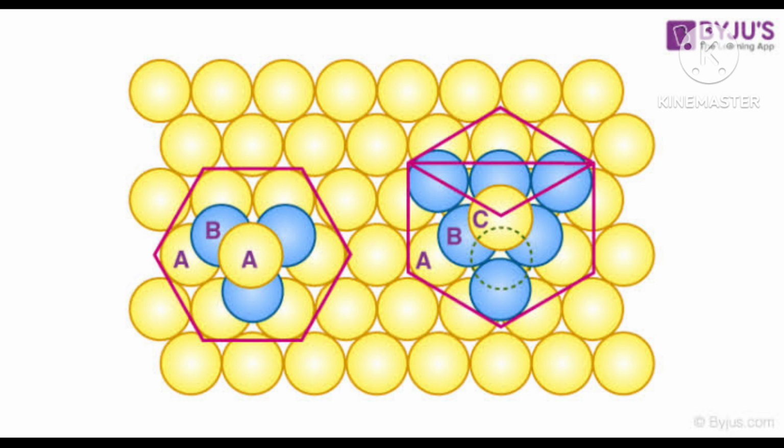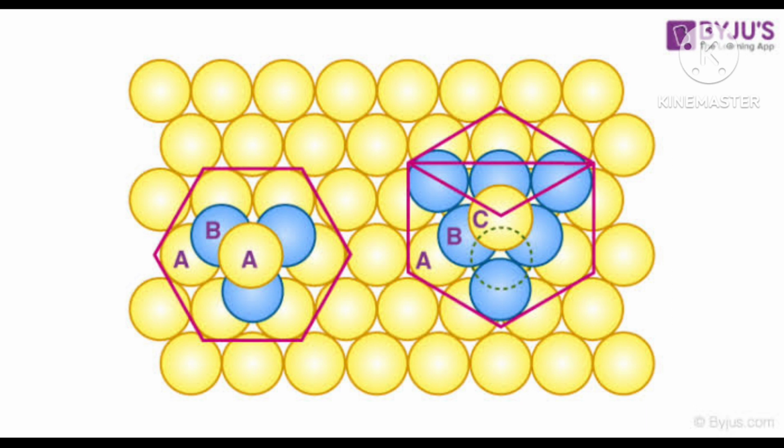In this case, the spheres of the third layer are exactly aligned with those of the first layer. First layer and third layer have the same arrangement, and the middle is different, meaning A, B, A. The arrangement will be an A, B, A type pattern, then again B, like that, A, B, A, B. This pattern will work.